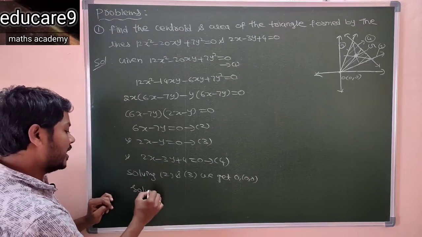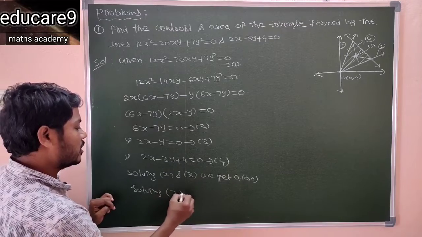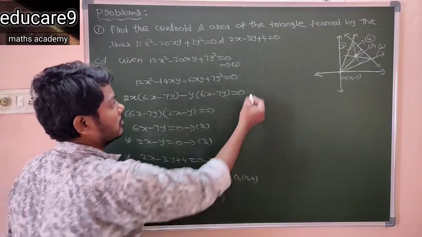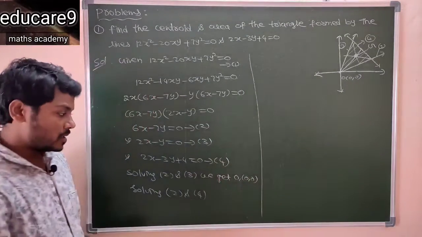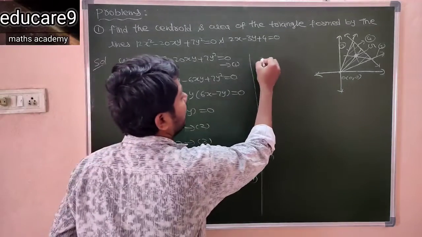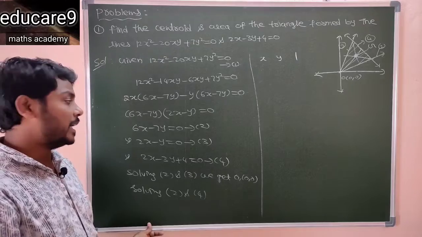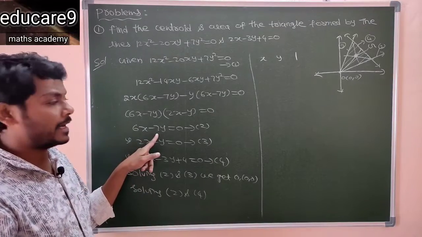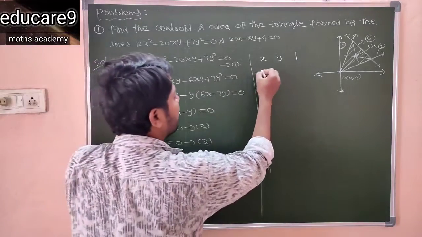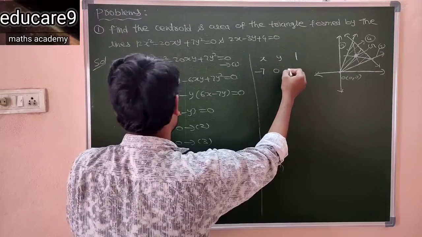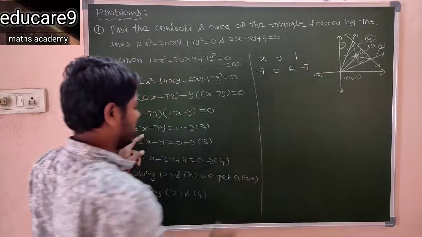Next, solving equations 2 and 4. Here x, y, constant, so you have to start from the second term. Here minus 7, constant 0, next 6, minus 7.